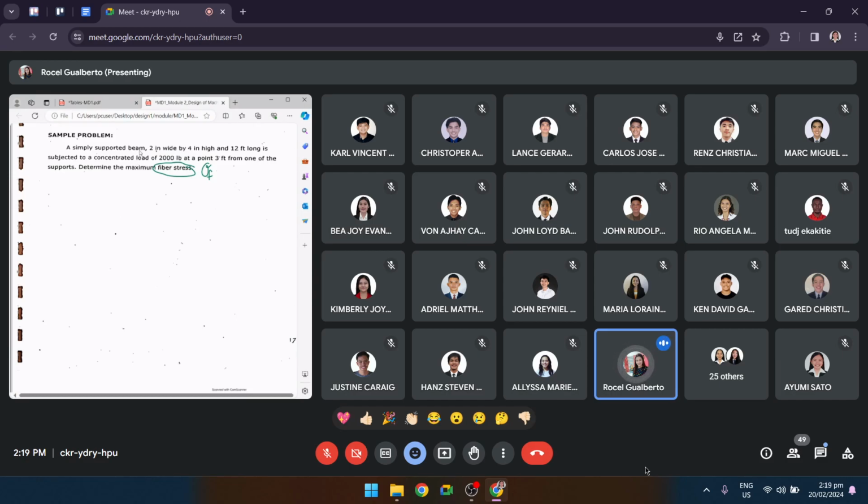So you have there a simply supported beam. We have the dimensions given, and also the force applied. So pakilagay po natin. Let us diagram this simply supported beam.